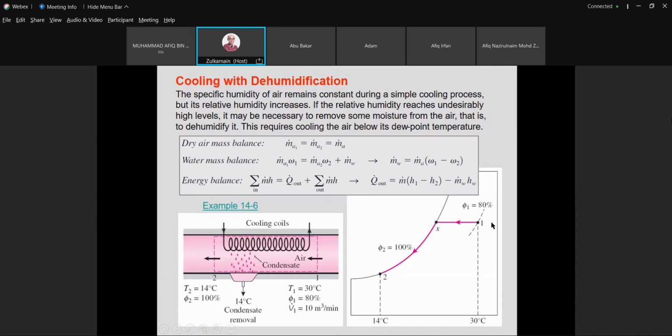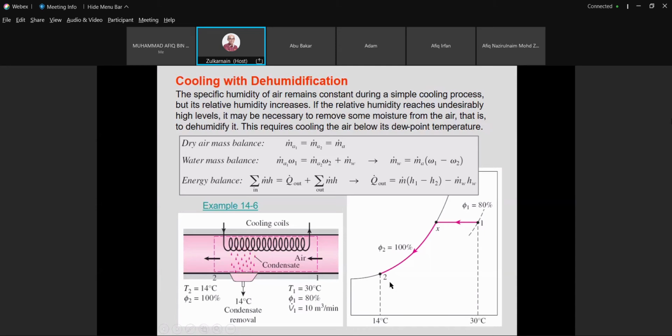It's only involving 1 to 2. From 1 to 2. And because of this condensation process from X to 2, we are going to have the constant RH value, the Phi value, whereby the Phi value of X is equal to the Phi value of 2.